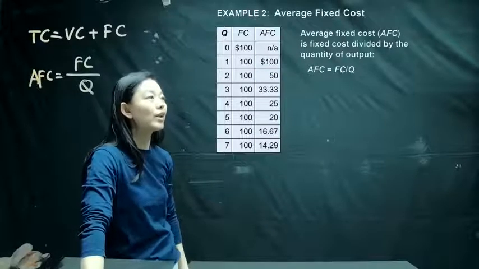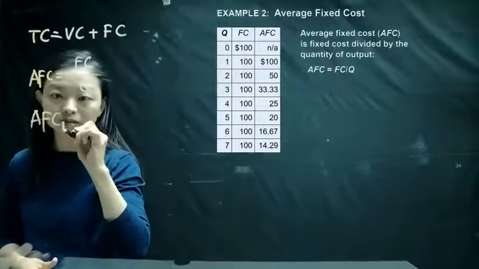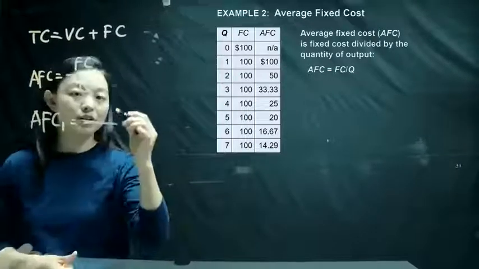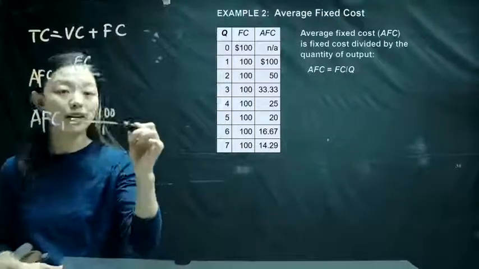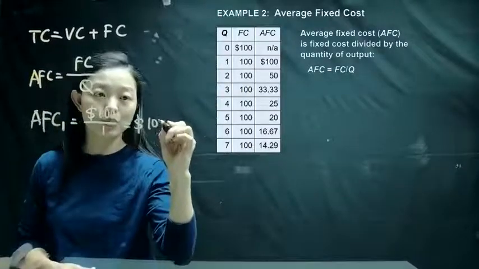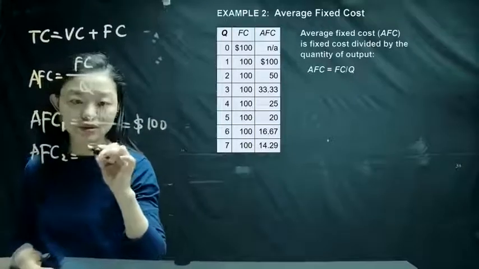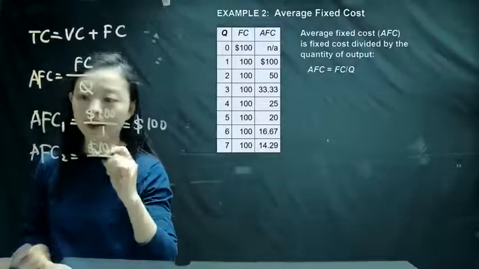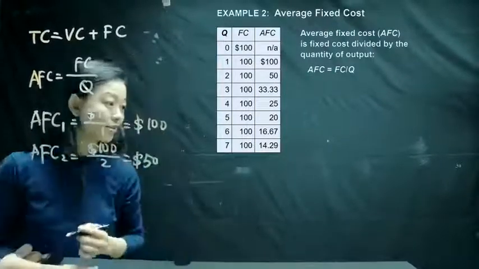So you can see when the quantity equals 1, the fixed cost is always 100, right? When the quantity equals 1, then the average fixed cost equals 100. When the quantity increases to 2, then the average fixed cost equals 50, right?